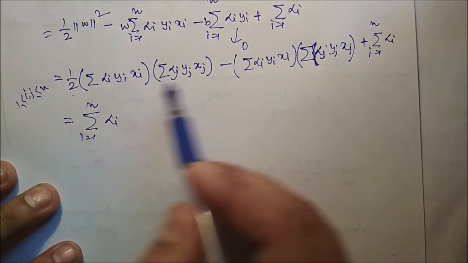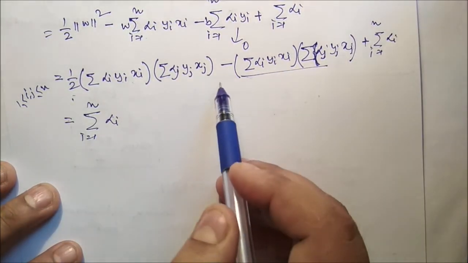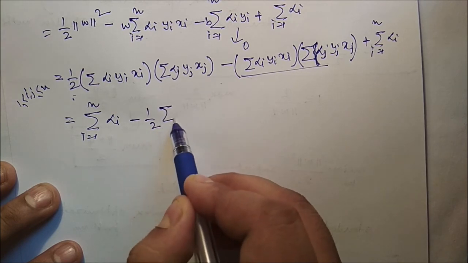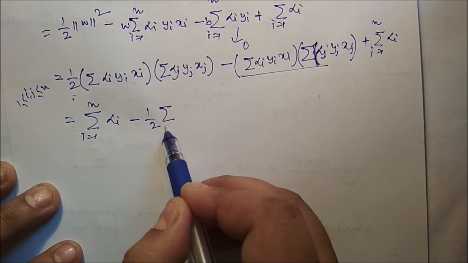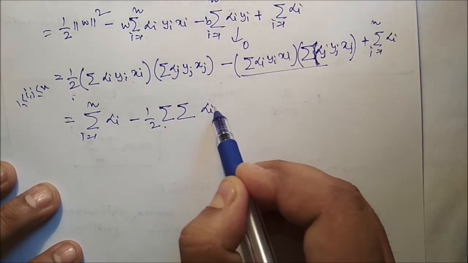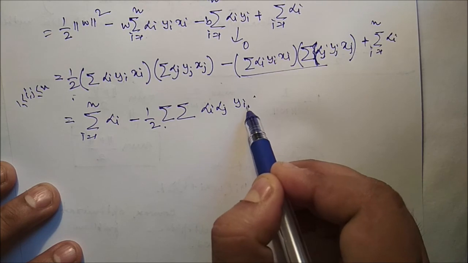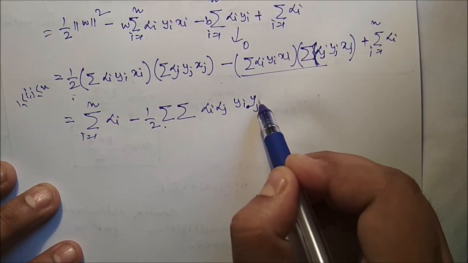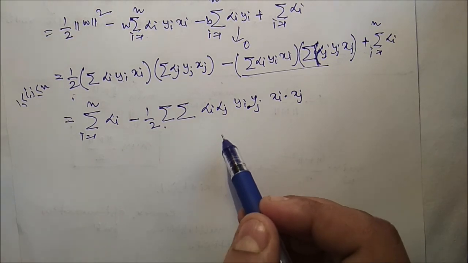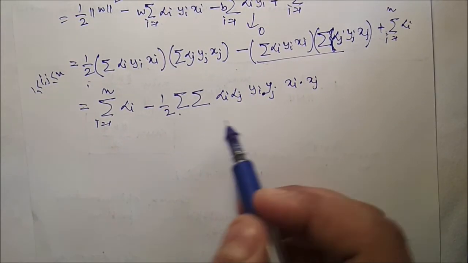So this minus half of this, that means minus 1 by 2 alpha i alpha j yi yj xi into xj. This is what our L is.